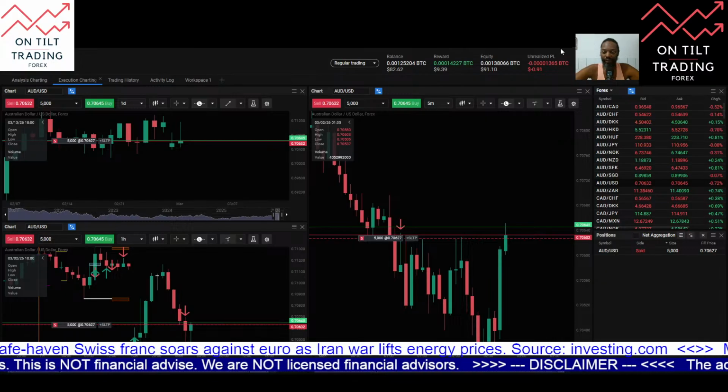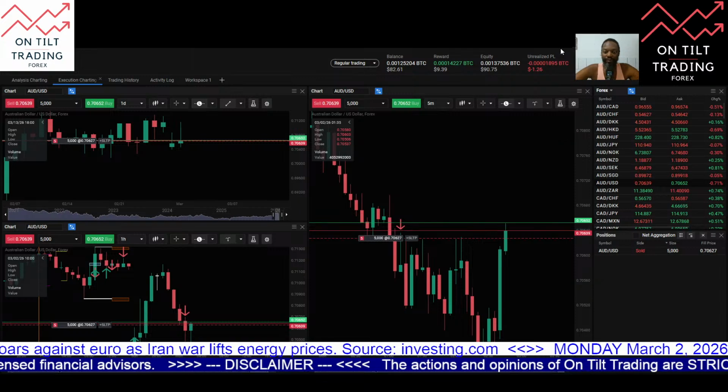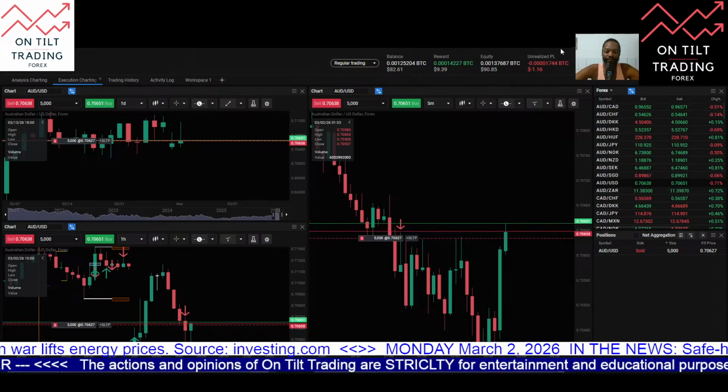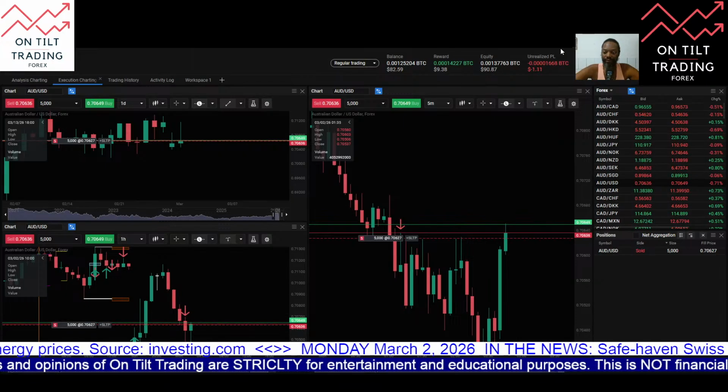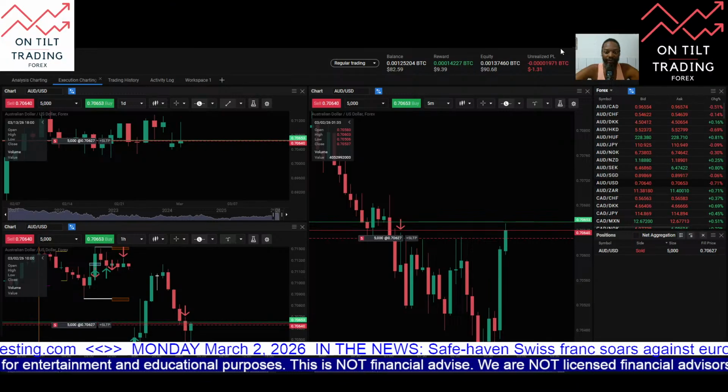Price still trading right here at my limit entry. Price currently respecting the bearish fair value gap here on the 5-minute chart. A little more than 1 minute remaining in the current 5-minute candle.